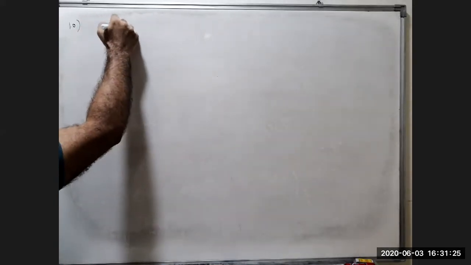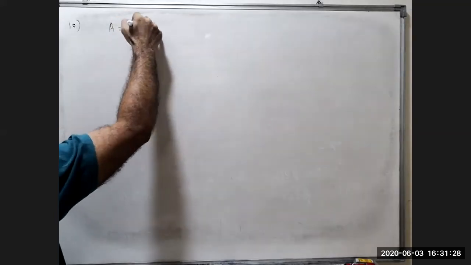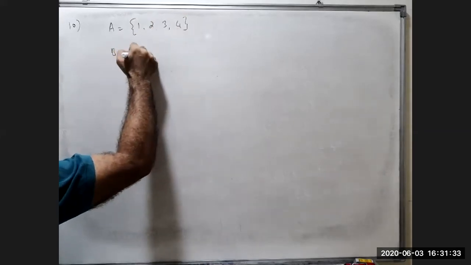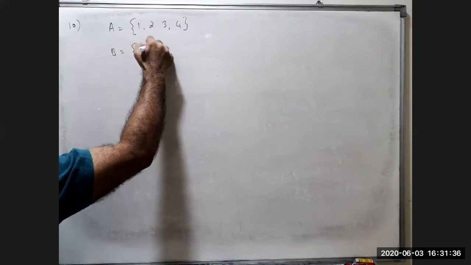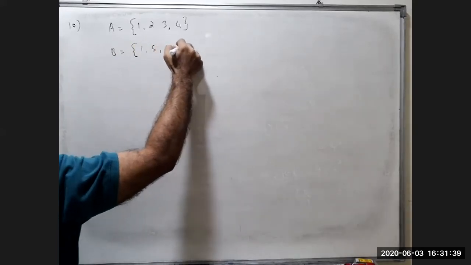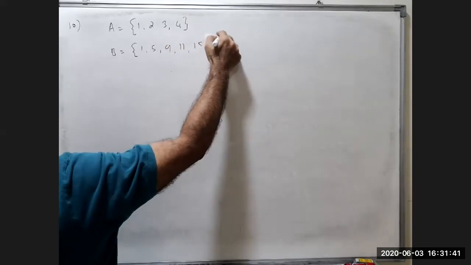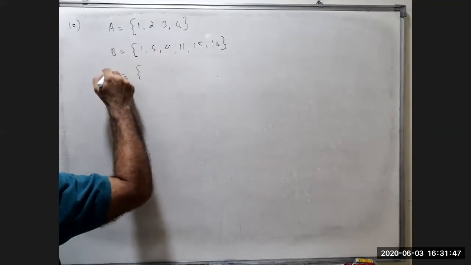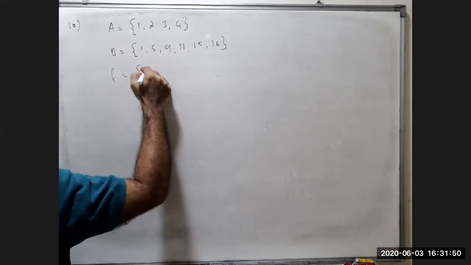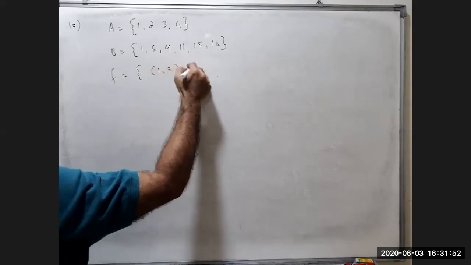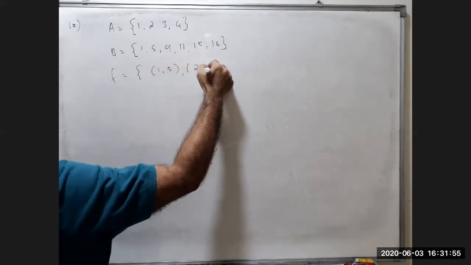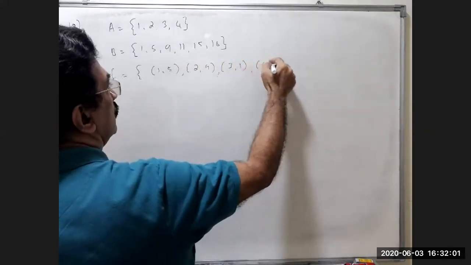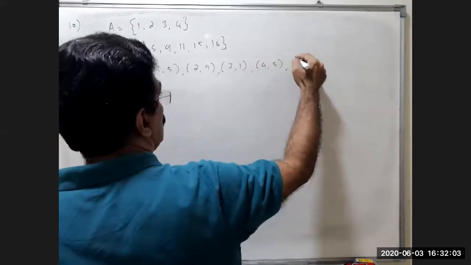Again, A is equal to the set {1, 2, 3, 4}. B is equal to the set {1, 5, 9, 11, 15, 16}, and C is not there. F is the relation given as {(1, 5), (2, 9), (3, 1), (4, 5), (2, 11)}.